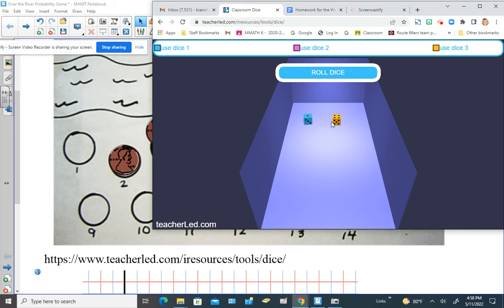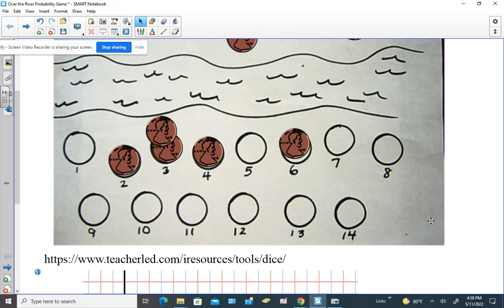Is that possible to get that on the number cube? So if you make an organized list of the different ways that you can get the sums, it might help you to see that there might even be some values on this game board that have what we call a 0 probability. So a 0 probability means it'll never happen. It's impossible. And if you put your marker on something that's impossible, then you'll never win the game because you won't be able to cross all of your markers over the river.